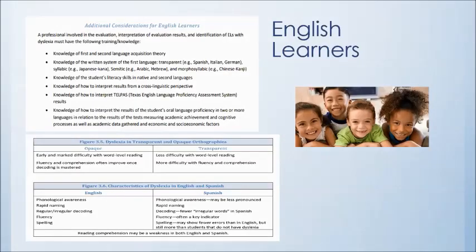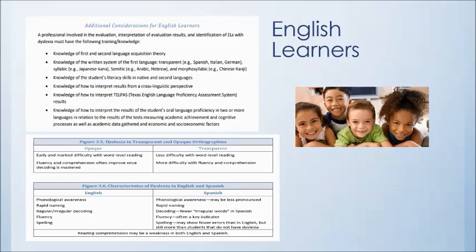English learners. Additional considerations need to be taken for English learners. It is noted in the Dyslexia Handbook that a professional involved in assessing these students must have the following training or knowledge. The knowledge should be on the first and second language acquisition theory, knowledge of the written systems of the first language, whether it's transparent, syllabic, semitic, or morphosyllabic.